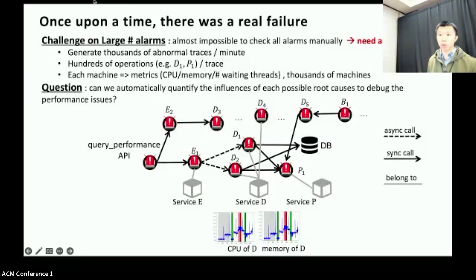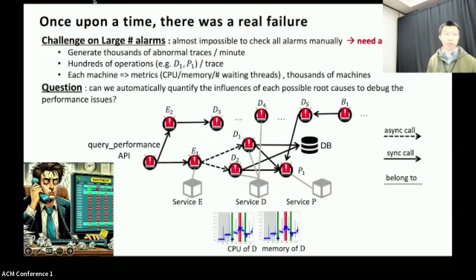Before I start, I want to tell you a real story. Once upon a time, one of my colleagues was on call, and just after he finished his dinner, he received an emergency phone call saying that our microservice is on fire. Almost all the system components are raising alarms. As you can imagine, he must have been very nervous at that time, maybe more nervous than I am here.